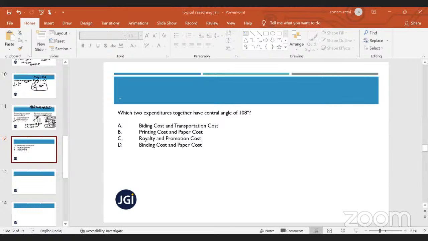Yes, correct. The correct answer is option A. Binding cost and transportation cost.